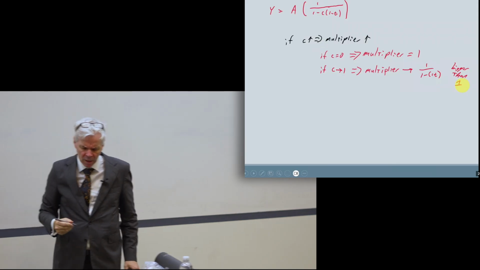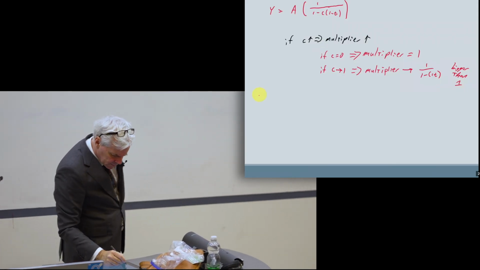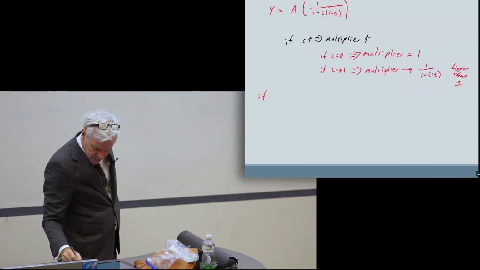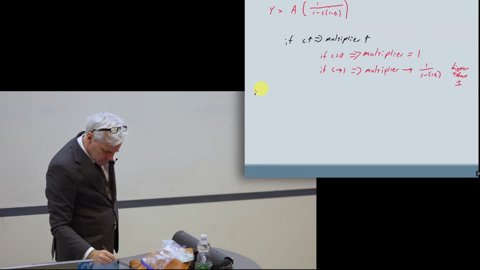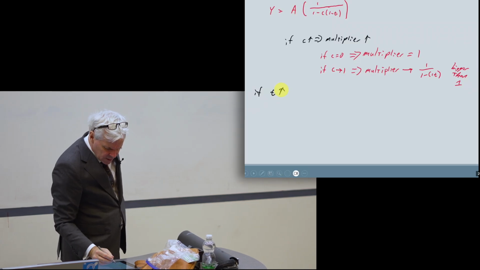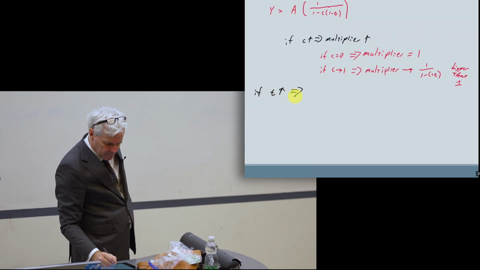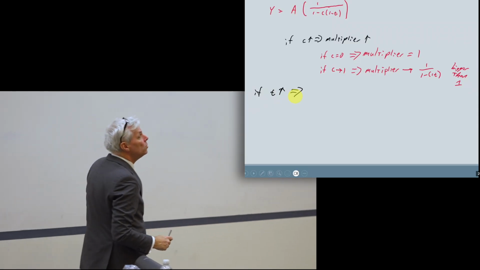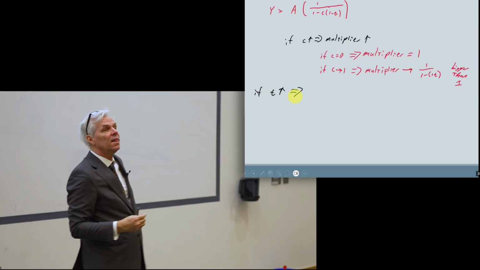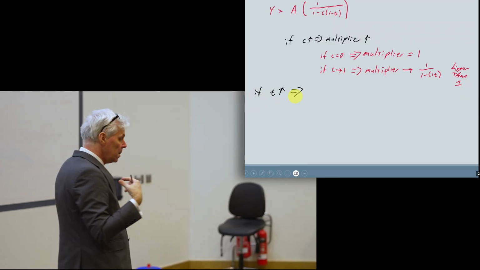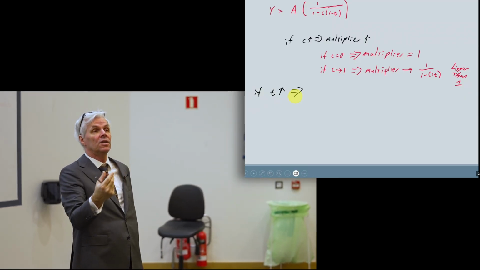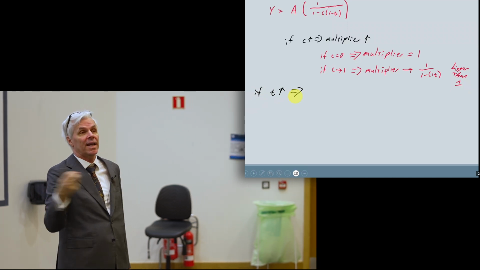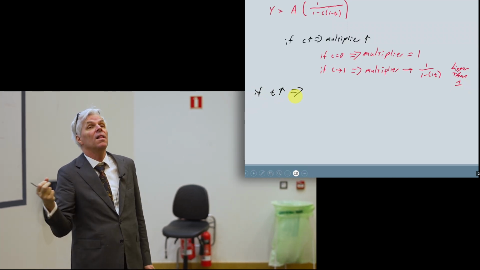Okay. What about taxes? If t goes up, what do we expect to happen? Well, suppose taxes went all the way up to 100%. So when I make more money, the government takes it all. Then what happens?